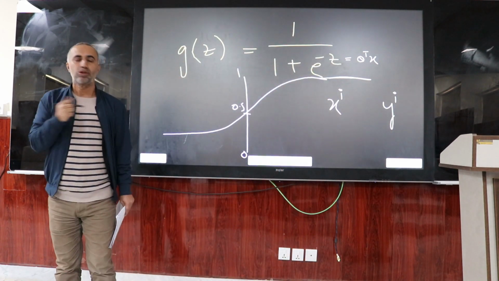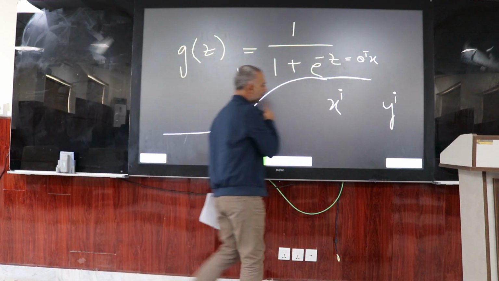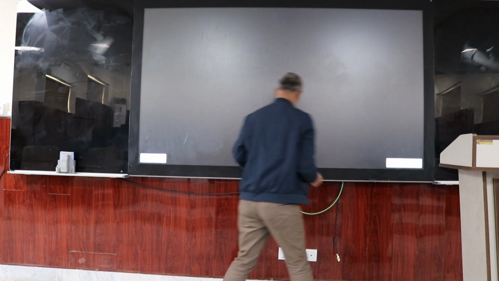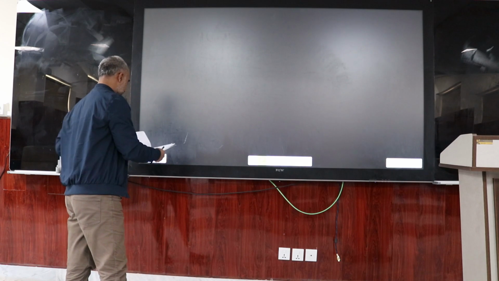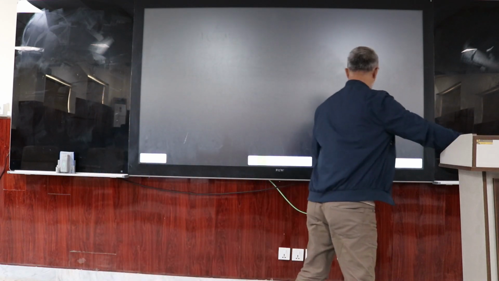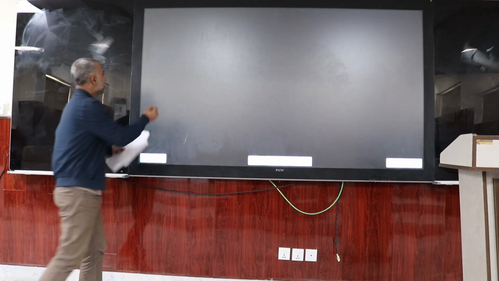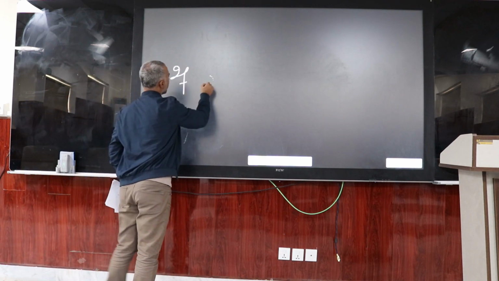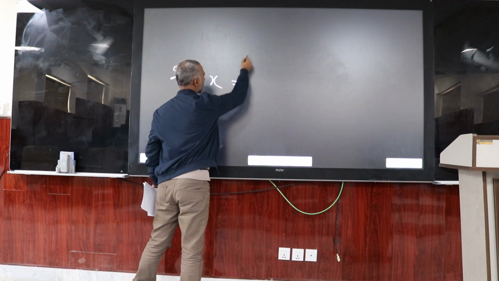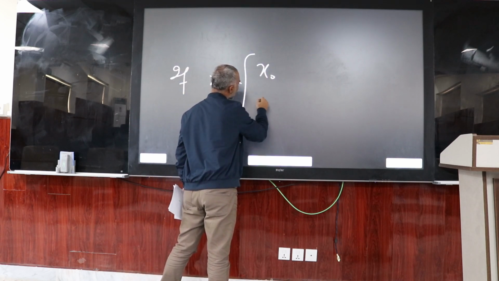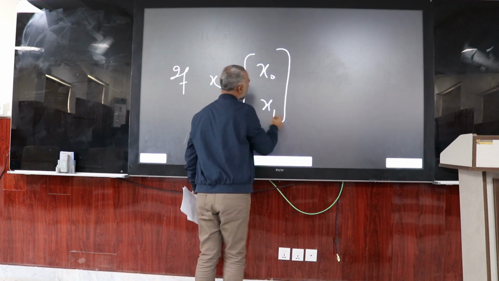In this situation, we can interpret the hypothesis function such that we have x as the data features, with x naught and x1, two features.